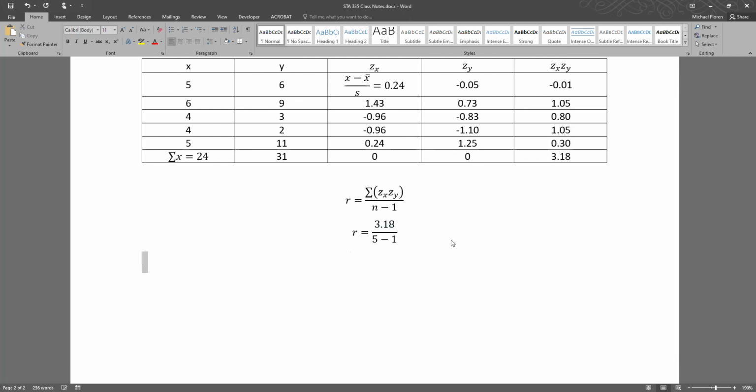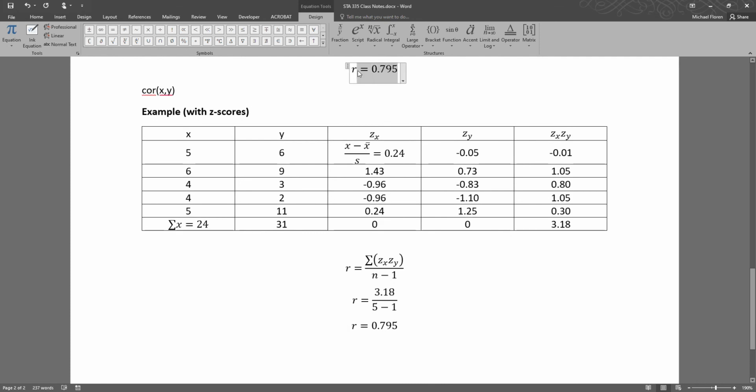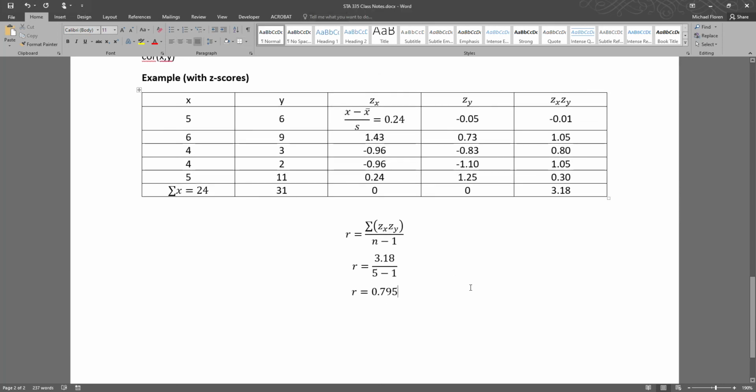Taking 3.18 and dividing by 4 leaves us with the exact same value that we found above, r equals 0.795, to the degree of rounding that we're able to do. Note that here the z-scores actually extend much further than 2 digits. I just wrote 2 digits to make it easier to type in my notes.